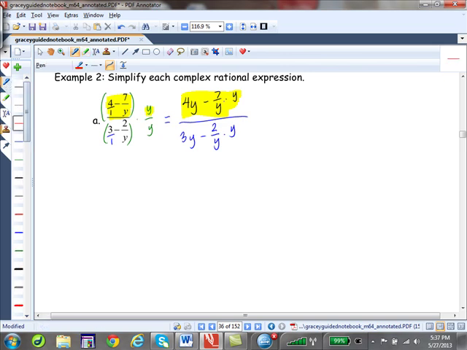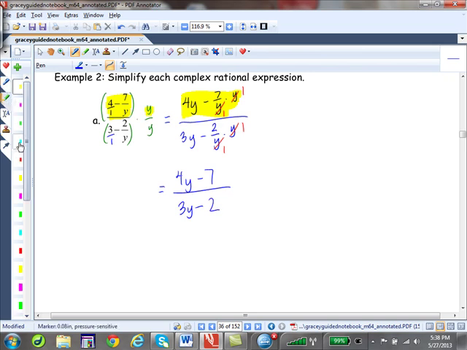And as you may have noticed, these y's divide out. So we will end up with 4y minus 7. And then the denominator of the complex rational expression yields a result of 3y minus 2.